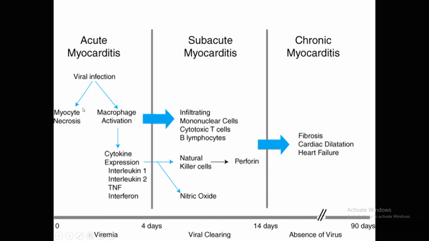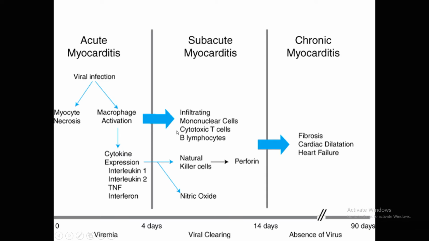The viral infection causes initial necrosis of cardiomyocytes, later activation of the inflammatory process with release of inflammatory mediators, and progression, if not treated of course, first to subacute myocarditis within several weeks and later to a chronic myocarditis characterized by the characteristics of the chronic inflammatory response, especially fibrosis, loss of the properties of the musculature of the heart with cardiac dilatation and eventually heart failure.